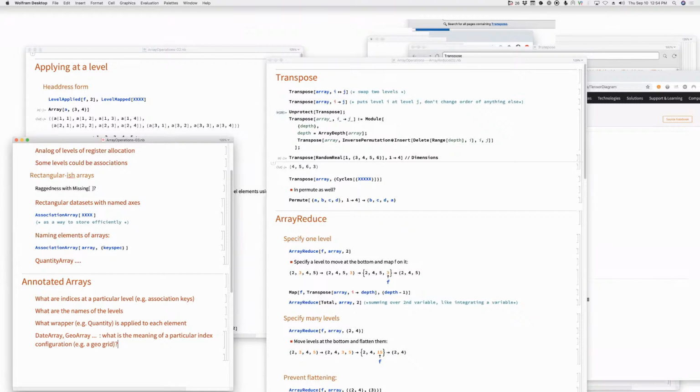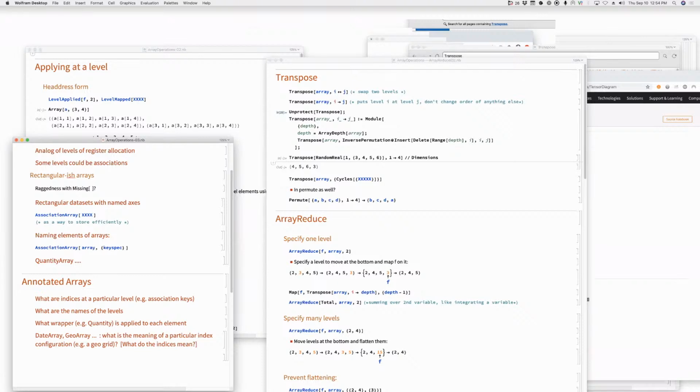Rather than saying for every point what its geoposition is, you're merely giving essentially an outer product of two lists. You're saying, this is what the indices mean, which I'd argue is very analogous to quantity array.